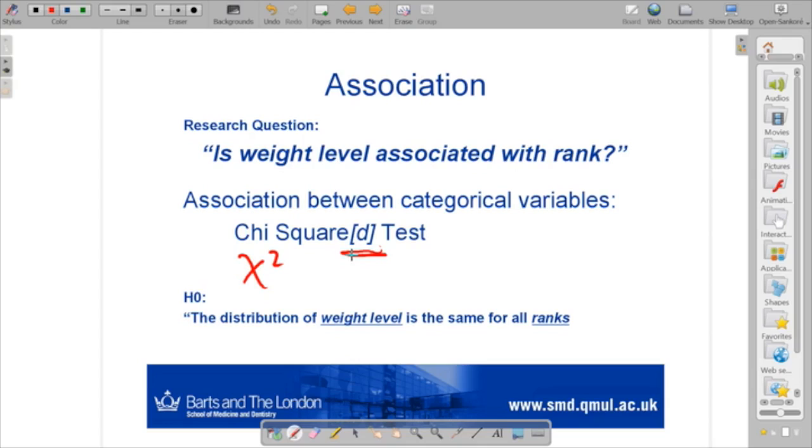And so we can use the chi-squared test to test this null hypothesis that the distribution of weight level is the same for all ranks.